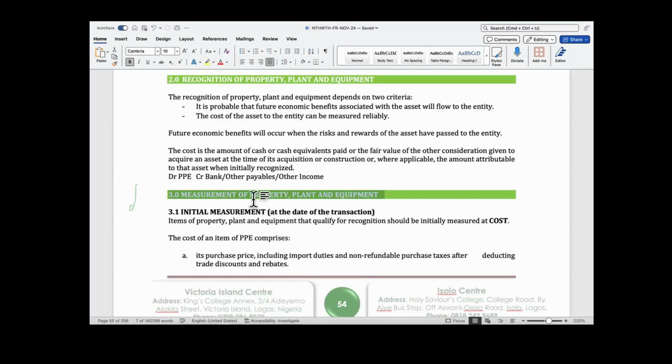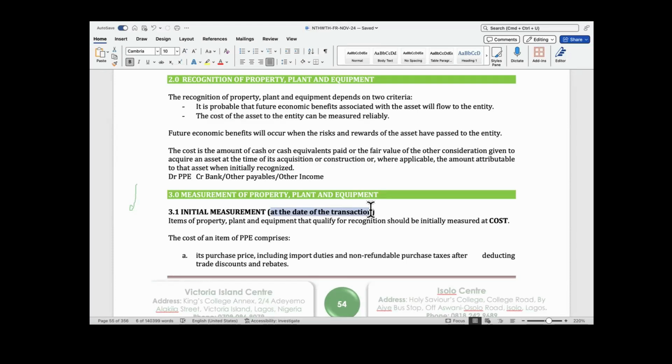That initial measurement is the measurement at the date of the transaction, the date you bought that asset. And there's another one which we're going to look at later, called subsequent measurement, which is the measurement at the end of the year. As soon as we have addressed those two, we will have learned how much measurement.